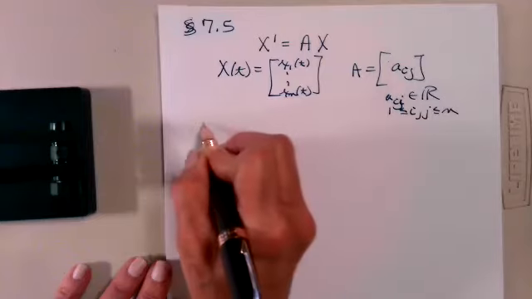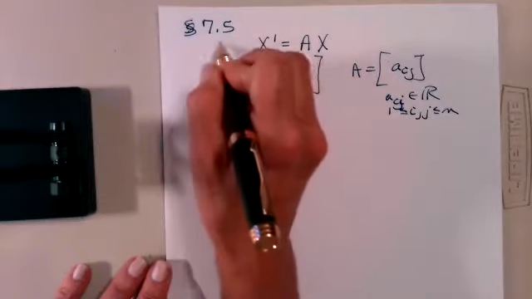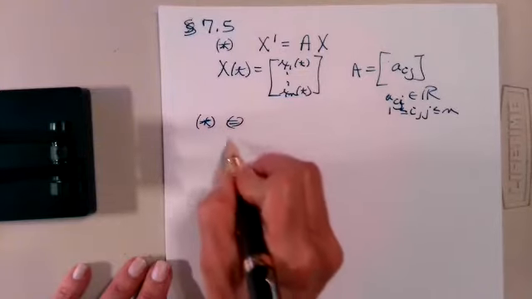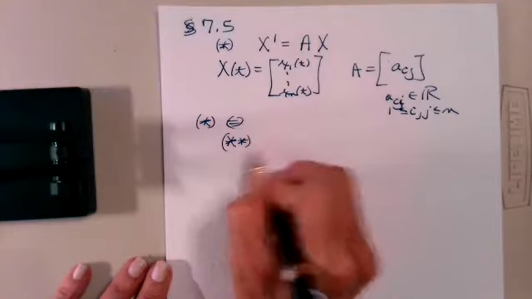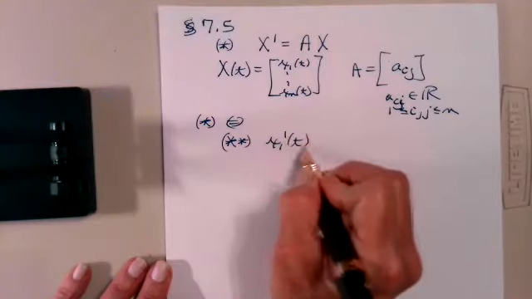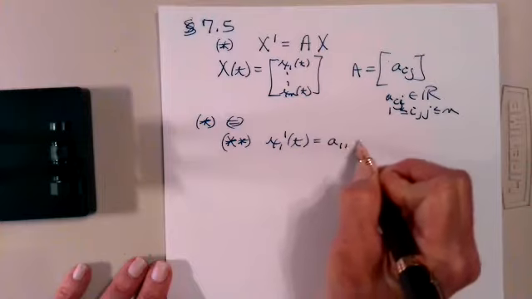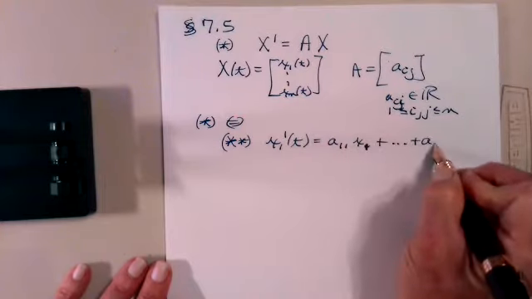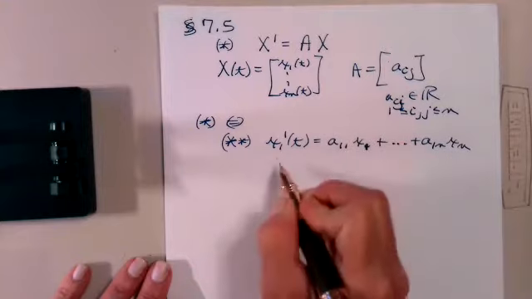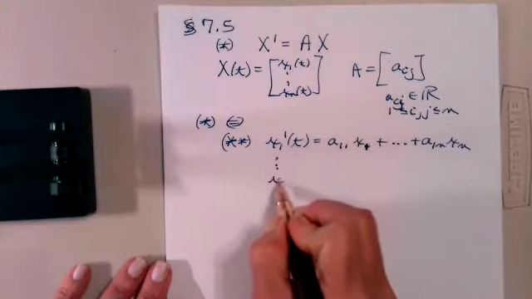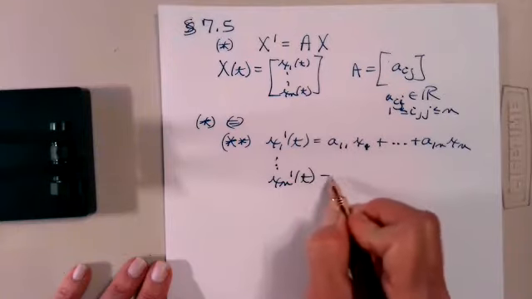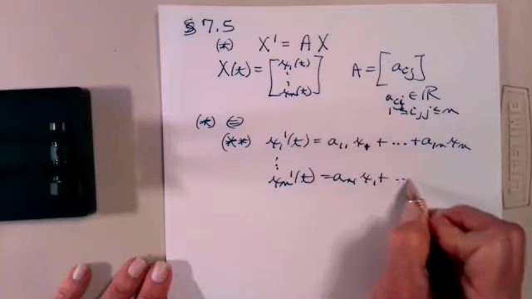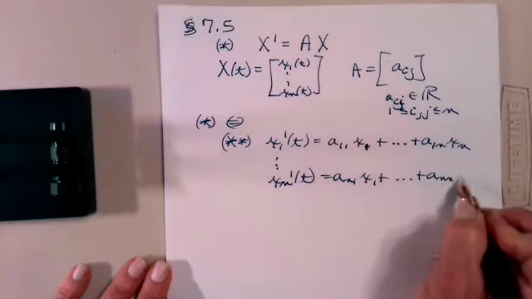As we saw last time, this is equivalent to the first order system: x1 prime is equal to a11 x1 plus up to a1n xn, and so on, and then xn prime is an1 x1 up to ann xn.